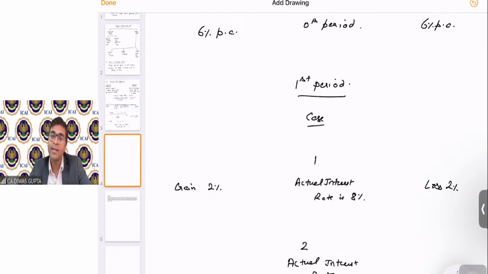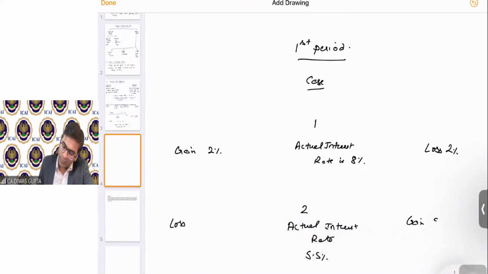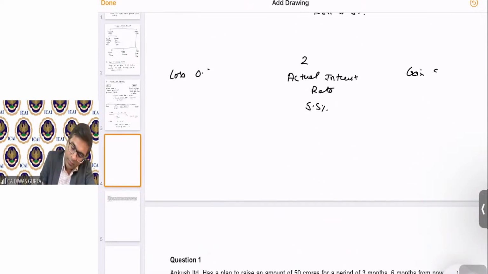So that means I had incurred a loss of 0.5% because had I not done this commitment, I would have been able to borrow at 5.5%. So there is a loss to Bank A, and here there is a gain. Sorry, the loss is 0.5, students. And here the gain is equal to 0.5%.